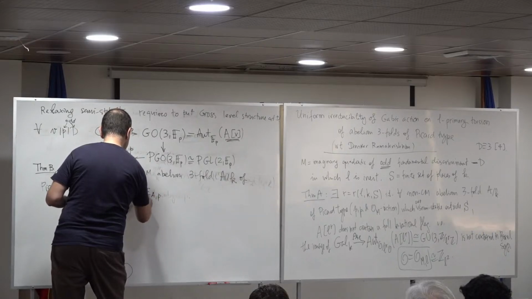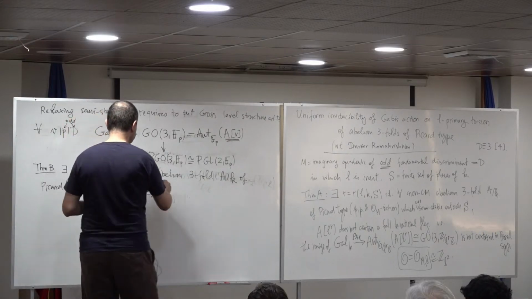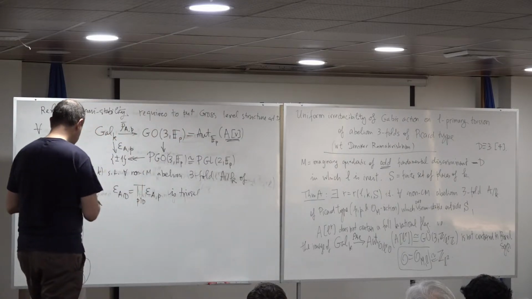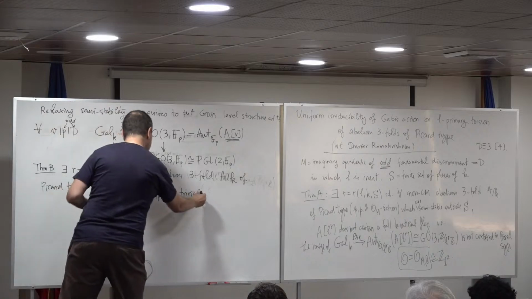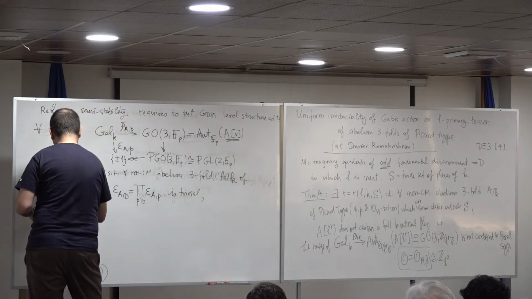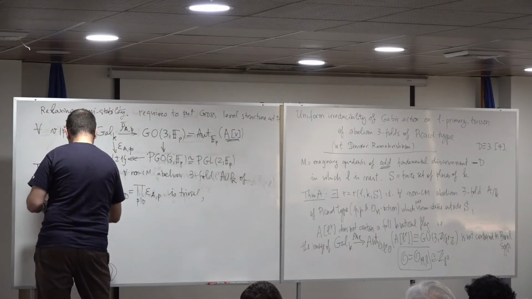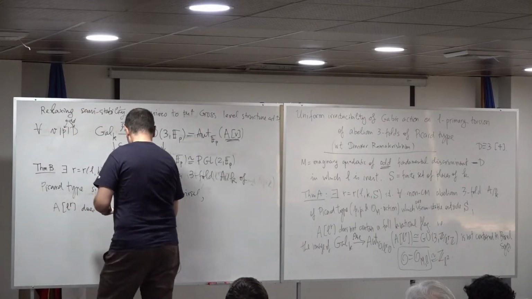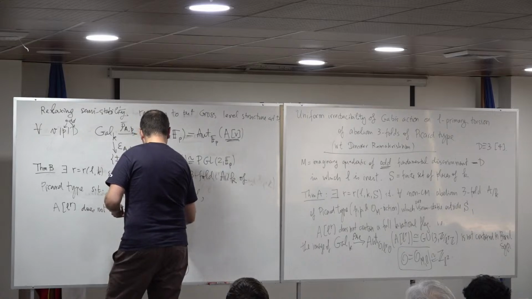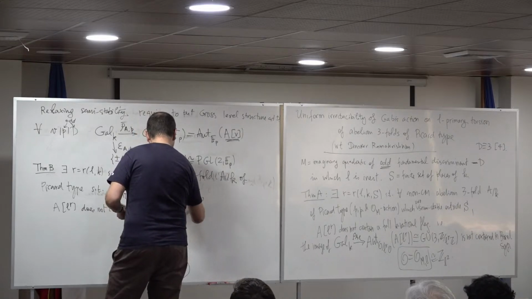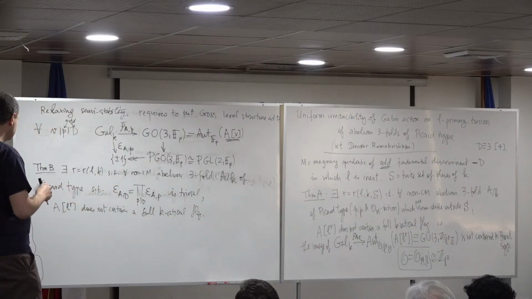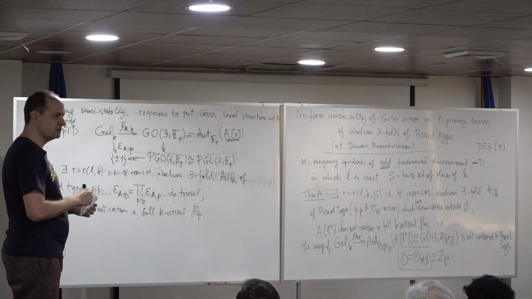It's not one condition per p. It's just for this one. Such that this one is trivial. So that's a quadratic character, goes in plus or minus 1. So this is trivial. The same conclusion: A L to the R does not contain a full K-rational flag. So that's the main result, and I'll show in a second that actually theorem B implies theorem A.